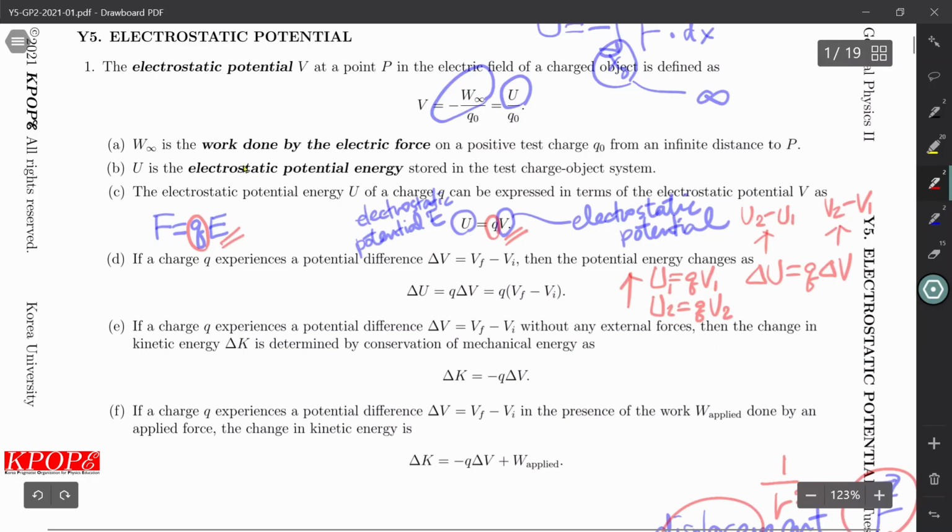The total mechanical energy is the sum of kinetic energy plus potential energy. If there is only a single force applied to the system, then the potential energy depends completely on the electrostatic potential energy, and this is the kinetic energy.